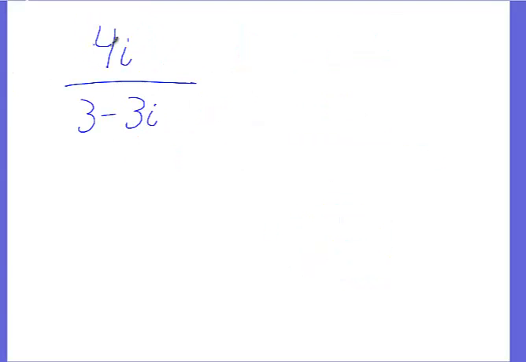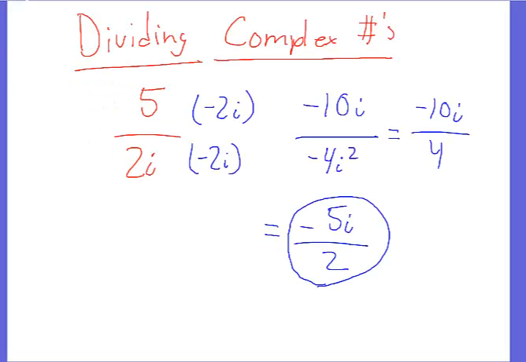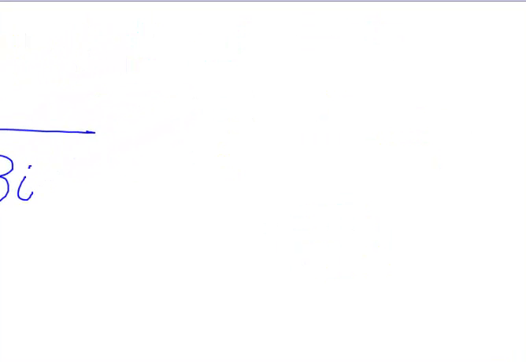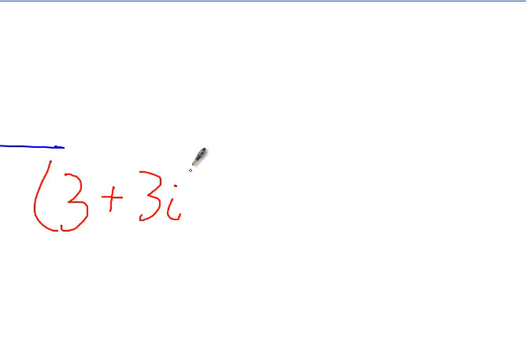But then it gets a little trickier, because here we have 4i divided by 3 minus 3i. Right? What you want to do here is, again, we have to multiply by the conjugate, but since the denominator isn't just like a 2i, it's 3 minus 3i, the conjugate becomes 3 plus 3i. Okay?